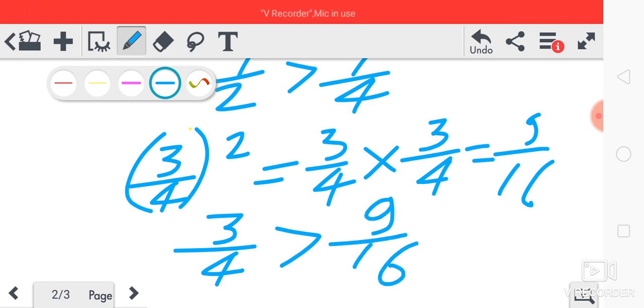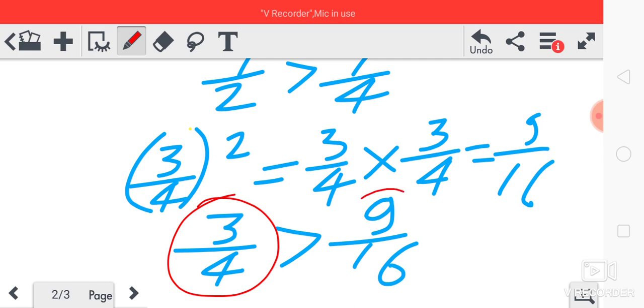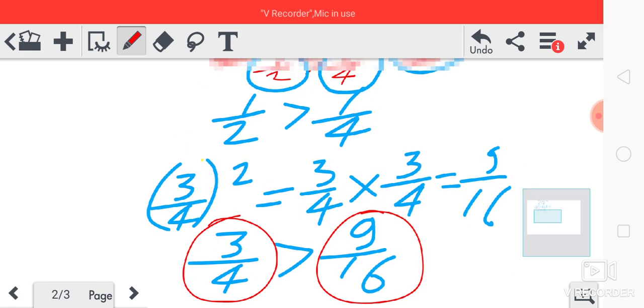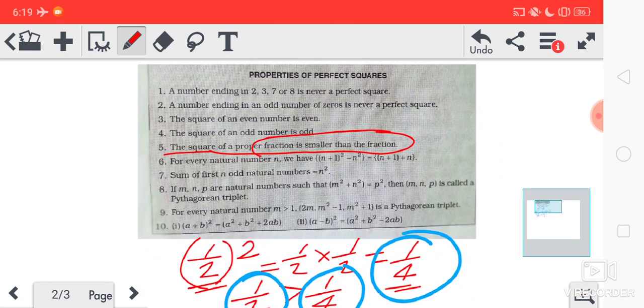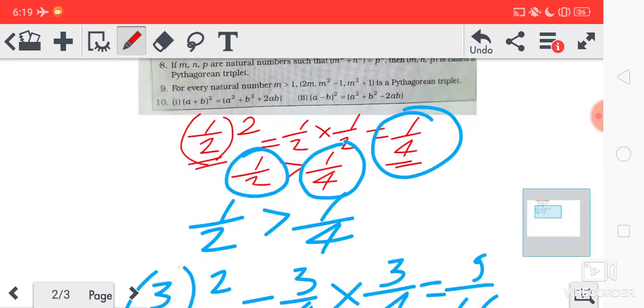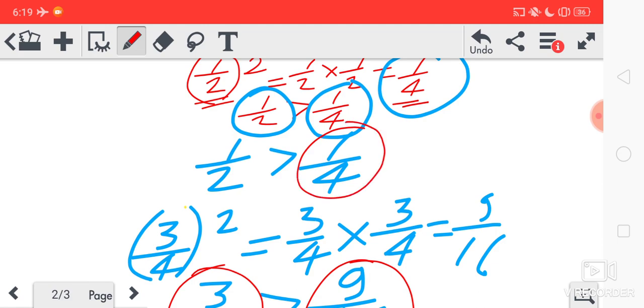It means the original fraction will be greater than the square of the fraction. Okay, so this is the property. The square of a proper fraction is smaller than the fraction. We have seen the square was 1 by 4, and this is the fraction, so the square is smaller than the fraction. I hope it is clear to you.